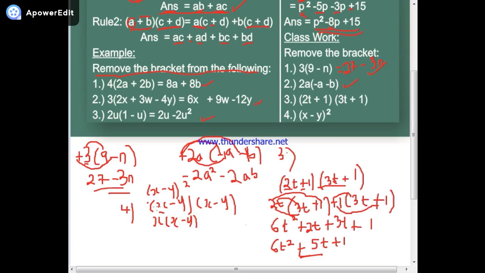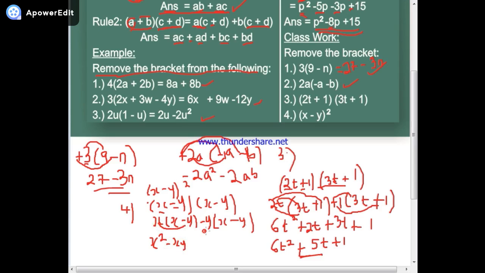And after we have taken this x, it will remain what? Minus y. You bring it out and use it to open the bracket again, x minus y. So you now use this x to open this bracket. That is x times x, that is x square. And use this x again to multiply this: minus x times y, that is xy.